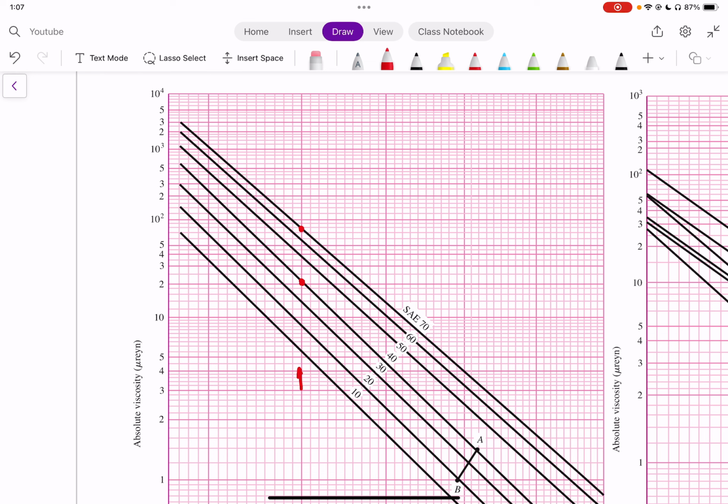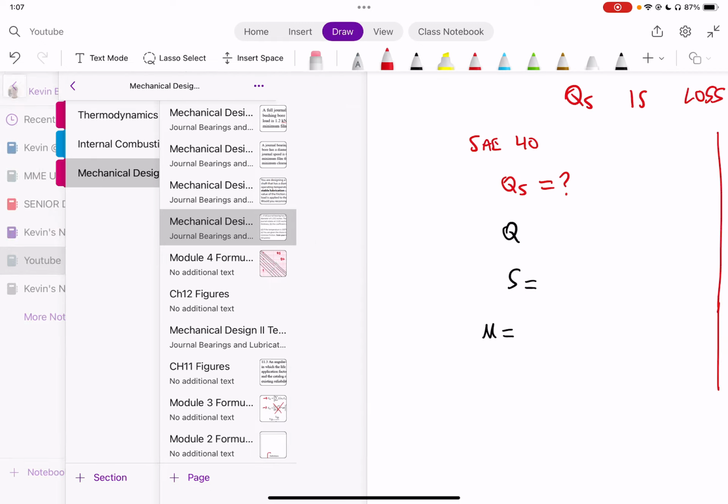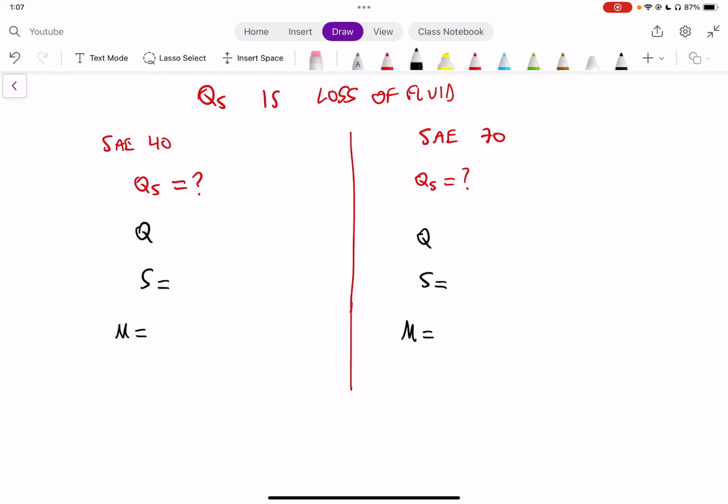And we see that for SAE 70, we're around 75 times 10 to the minus 6, and for SAE 40, we're around 20 as our values. So 20 and 75. I'm going to write those over. So we're going to have a viscosity here of 20 times 10 to the minus 6 reyn, or 20 microreyn. And then here we're going to have 75 times 10 to the minus 6 reyn.